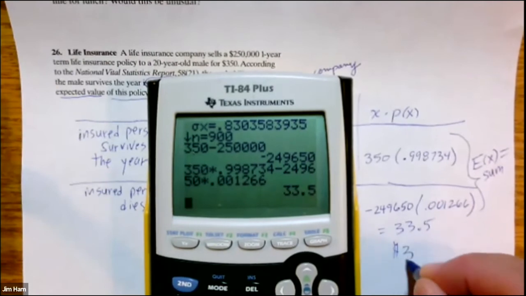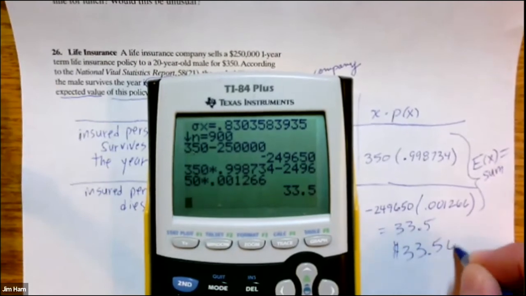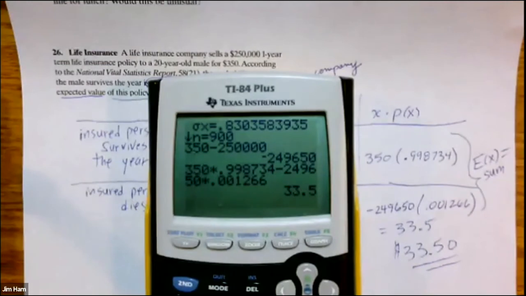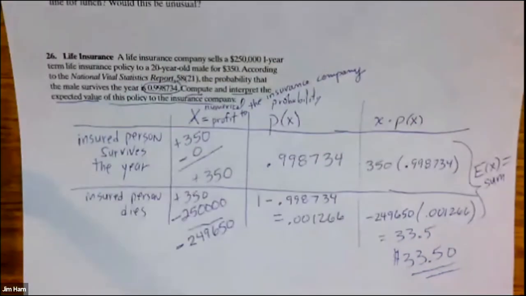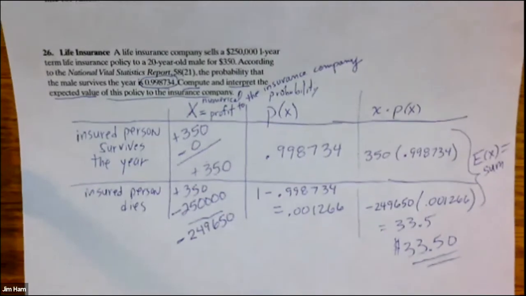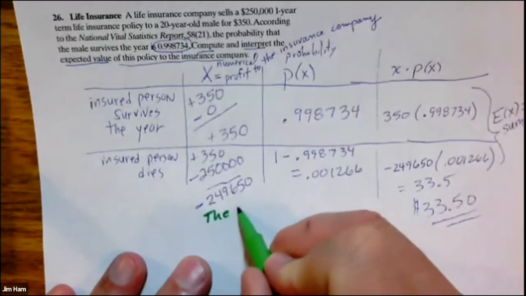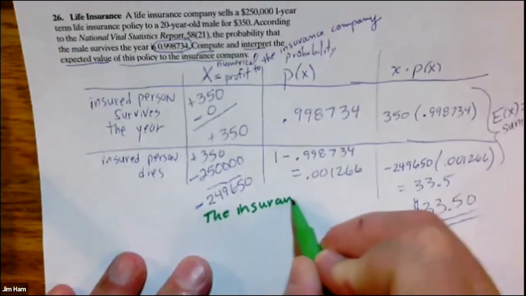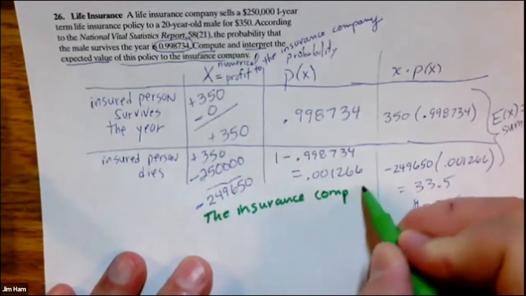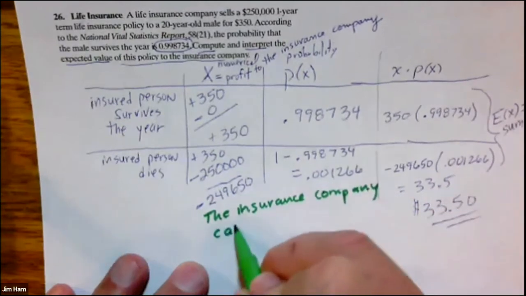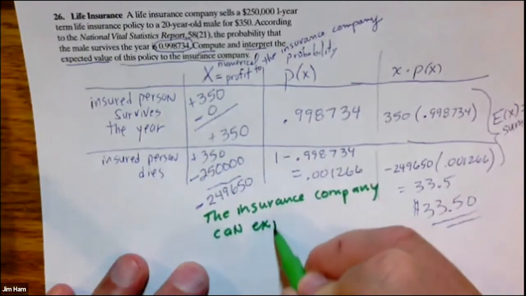So we would write it in context. 33.5, this is a dollar amount, so we get this. And so what we can say is the insurance company can expect to make. This is the expected value.